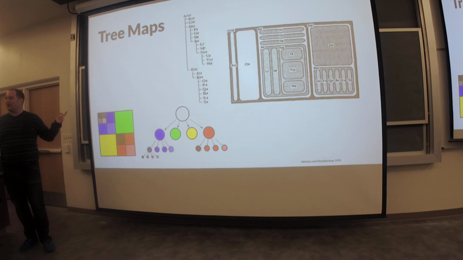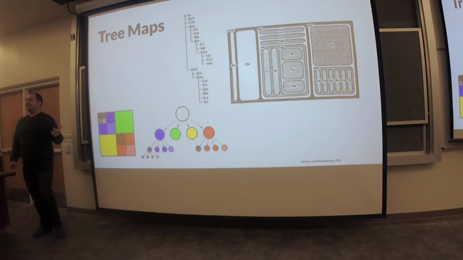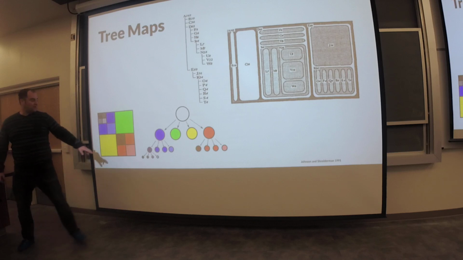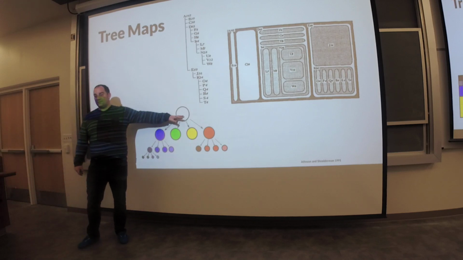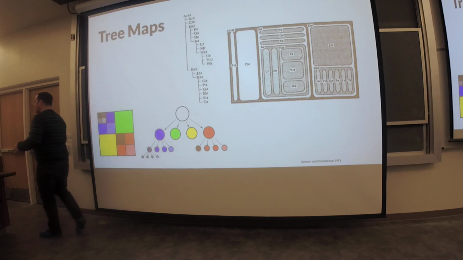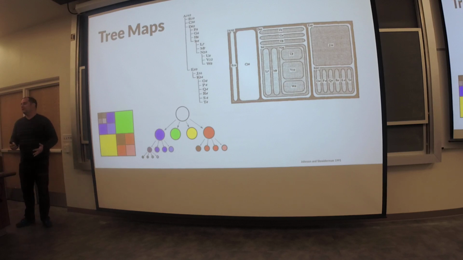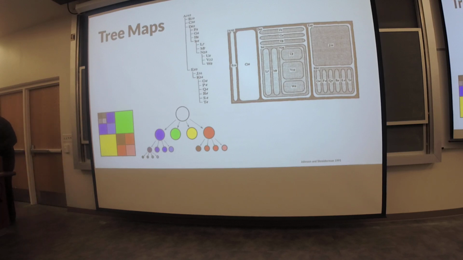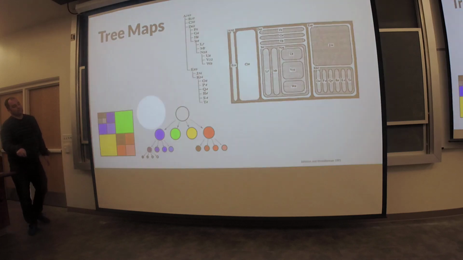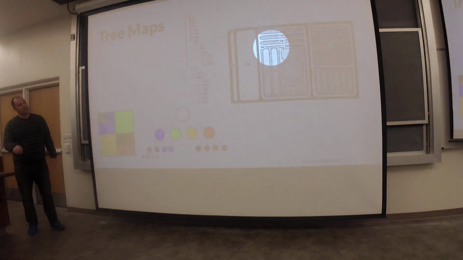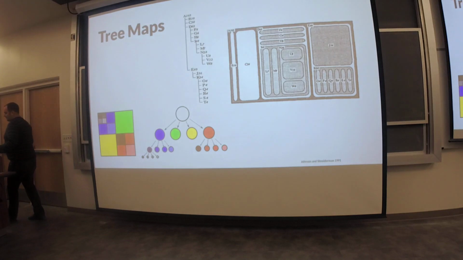Yes, boxes get really small, but the biggest problem, I think, is that you don't actually see the intermediate nodes. So you don't see this node here, or this node here. These tree maps focus completely on the leaves, and all of the backbone of the tree is only implicitly available. This isn't actually the case for this other technique here, and I'll talk a little bit more about why that is.